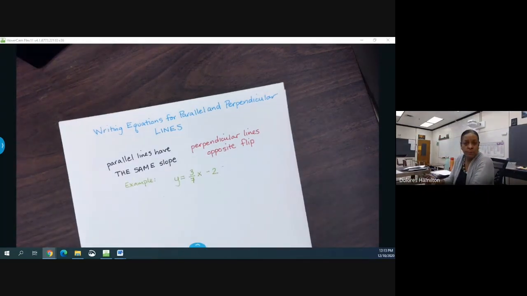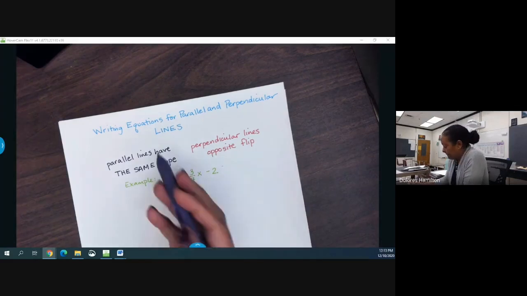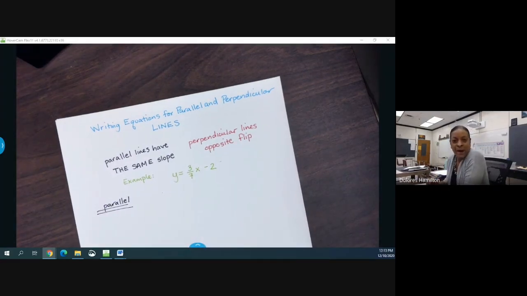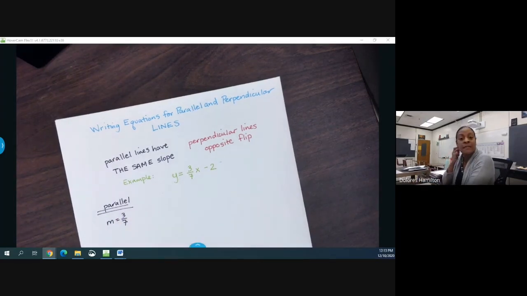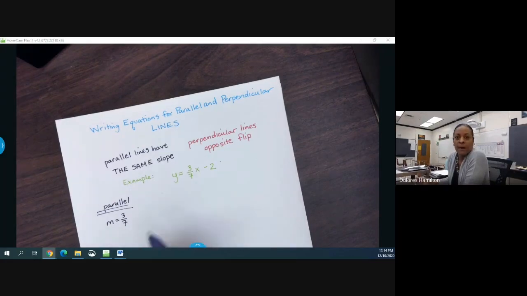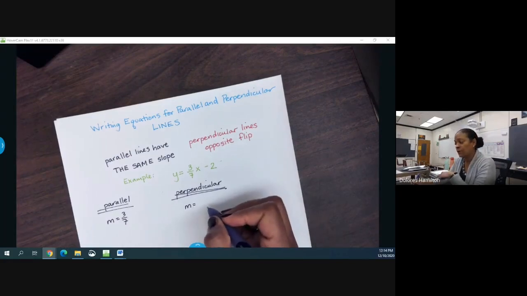For example, if we wanted to find the slope of a line parallel to this green equation, y equals 3/7 x minus 2, the parallel line would have the same slope. And we see in that line that the slope is 3/7. So we know that a line parallel to it will have the same slope of 3/7. But for a line perpendicular to that, we know that we want to take the opposite sign.